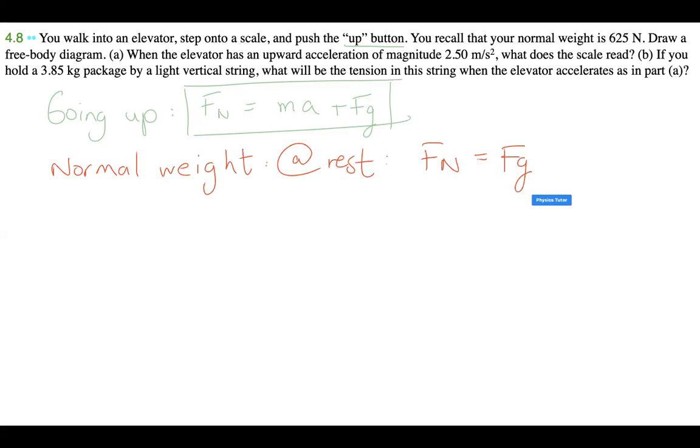This is a situation like what you would experience pretty much anywhere on Earth that's not an elevator. If you're just in your room, in your bathroom, wherever, you stand on a scale, Fn is going to be equal to Fg.